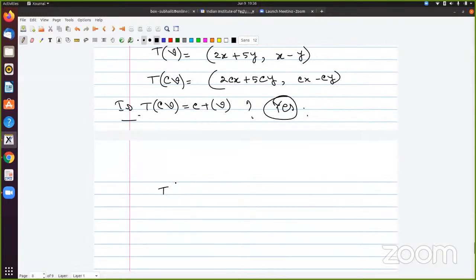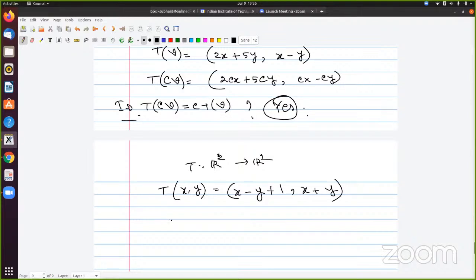The point is, suppose I have given you T from R2 to R2, a map like x minus y plus 1, x plus y. On both sides, I have usual scalar addition and usual vector addition and scalar multiplication.